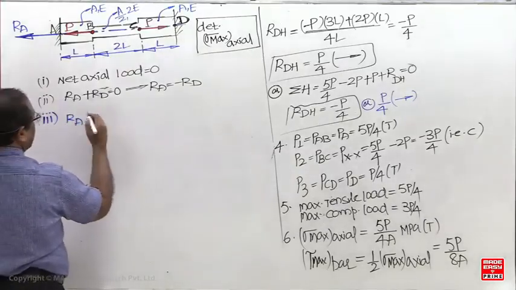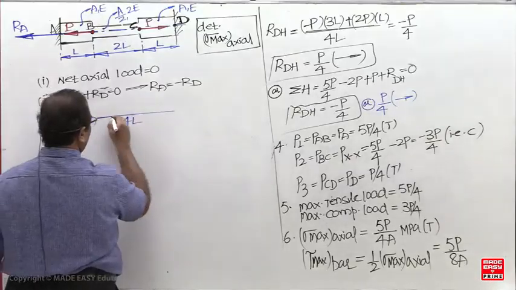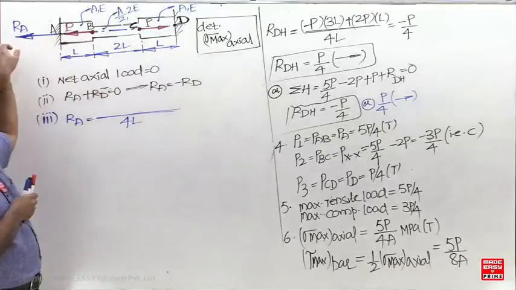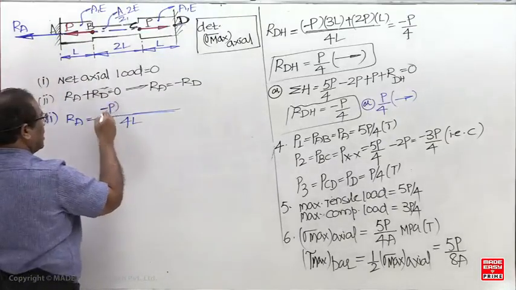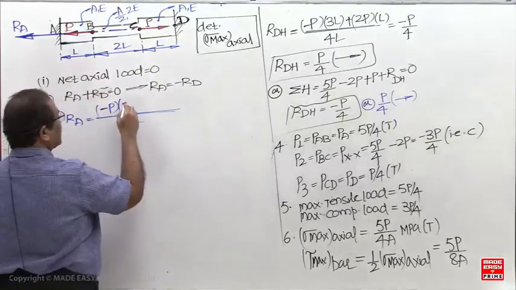RA. What is the distance between the supports once again? 4L. Now this RA and P are in the same direction, so negative. What is the distance between B and D? 3L.